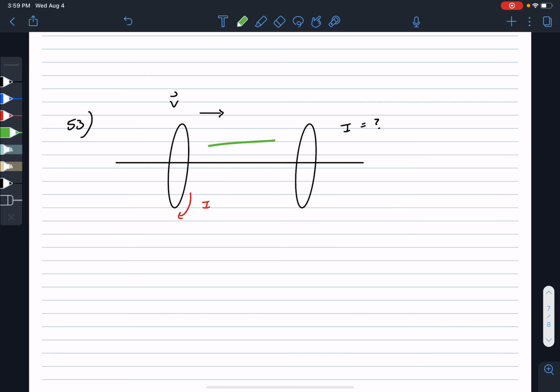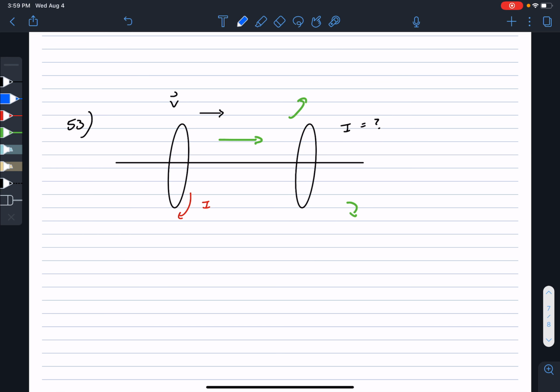And so the magnetic field from here, using the right hand rule, if we curl our fingers around the current, the magnetic field is pushing forward, and then as we move this loop forward, it's going to be increasing through this wire, right?